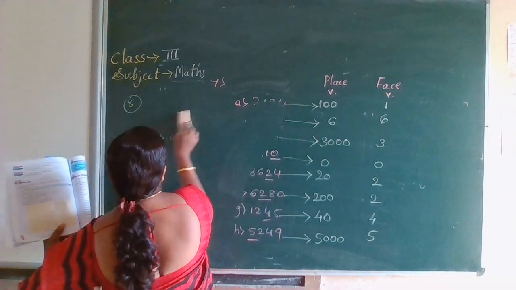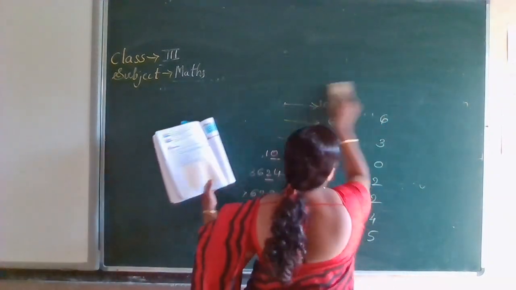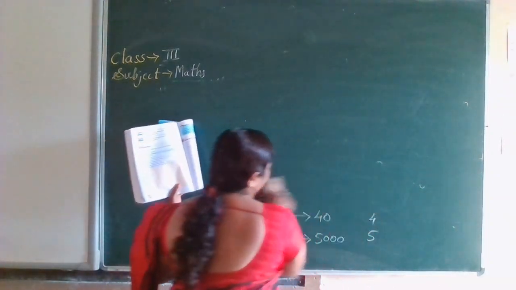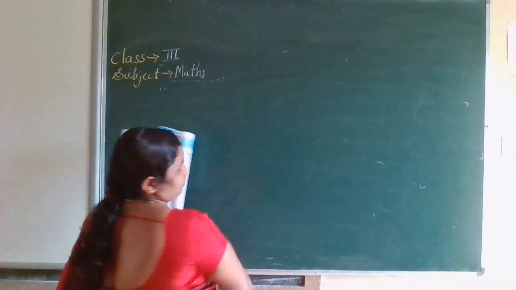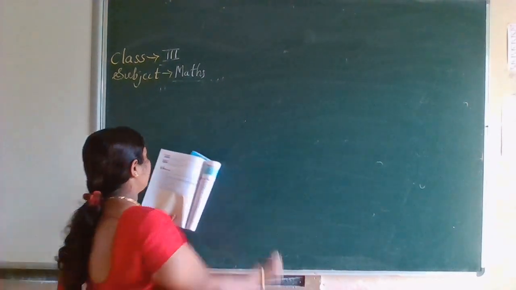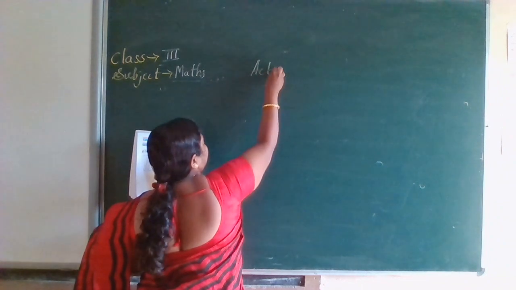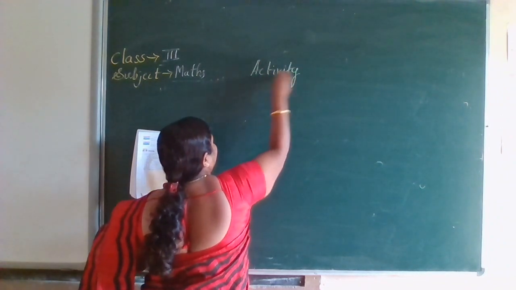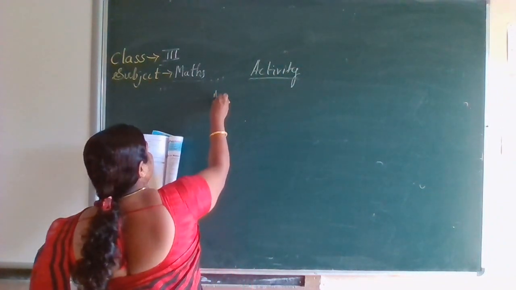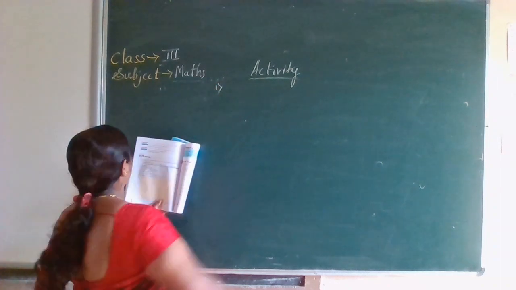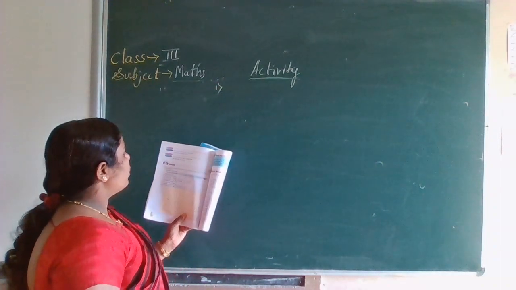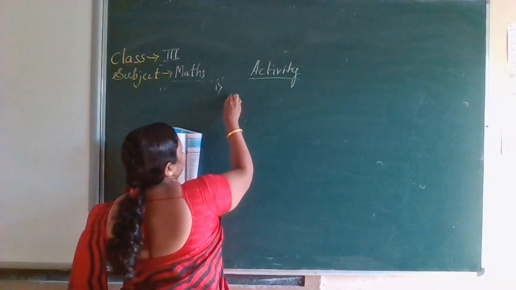So now you have to write the answer. Activity. First one, the greatest 4-digit number. What is that?